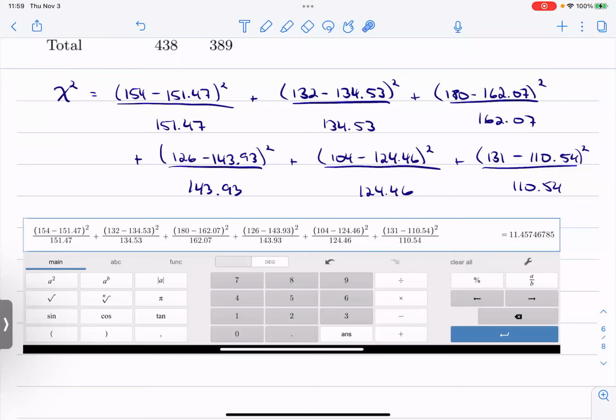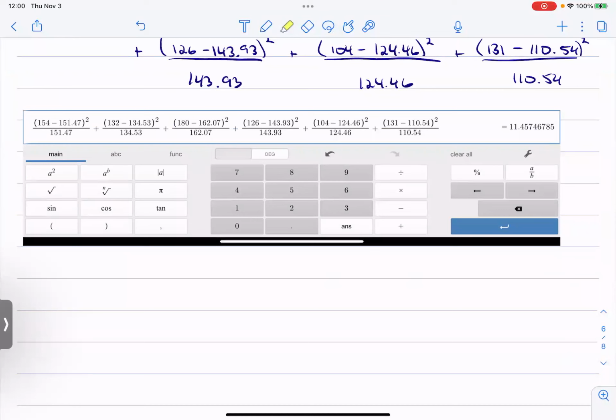Just be really careful when you're putting these in. Square and then divide. But we get 11.457, so let's do 11.46, because our table goes to 2 decimal places, it's safe to round to 2 decimal places. In general, you can just match the table. So the calculated chi-squared is 11.46.